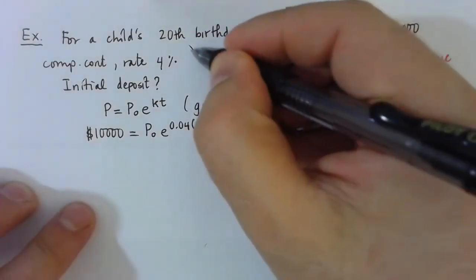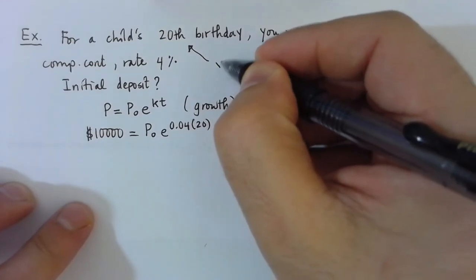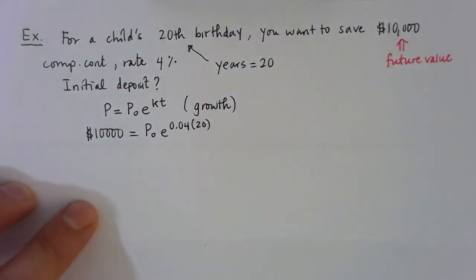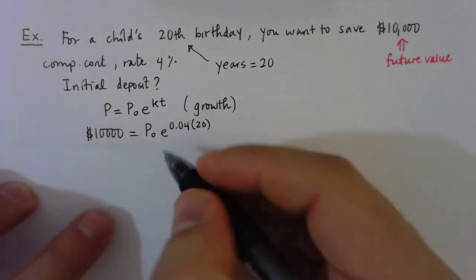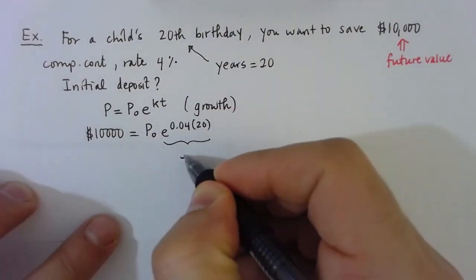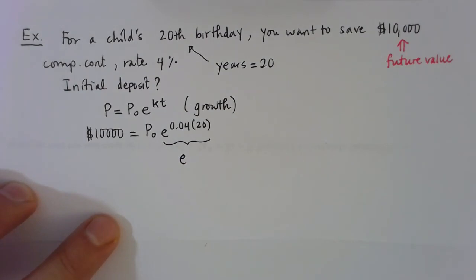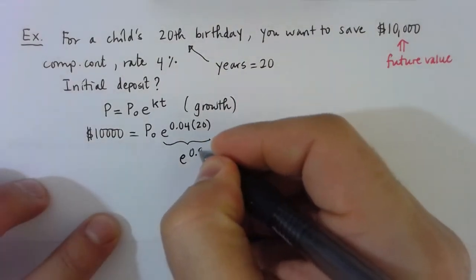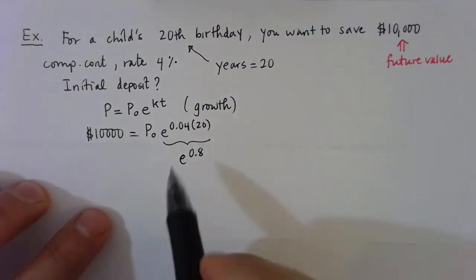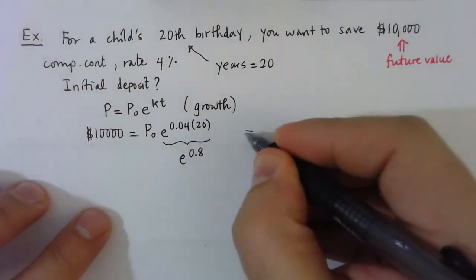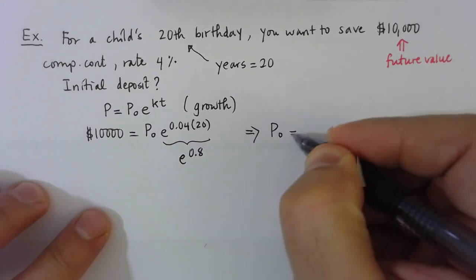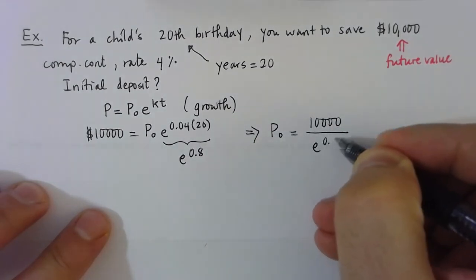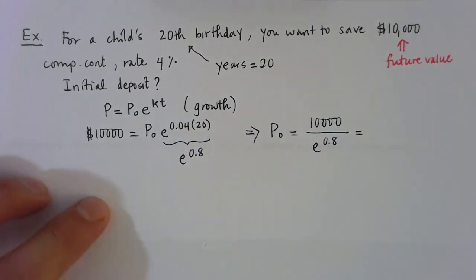So this 20th birthday means the number of years is just 20 in this case. So you will see that's e to the 0.8. So you divide both sides by e to the 0.8, so the P0 initial value will be 10,000 divided by e to the 0.8. This is how you solve such a problem.